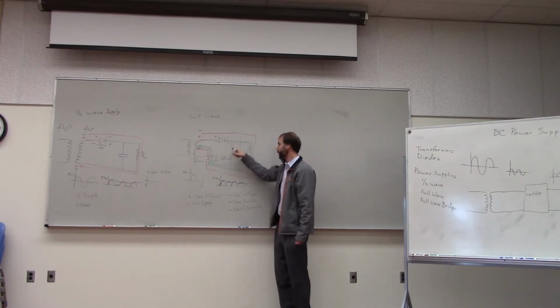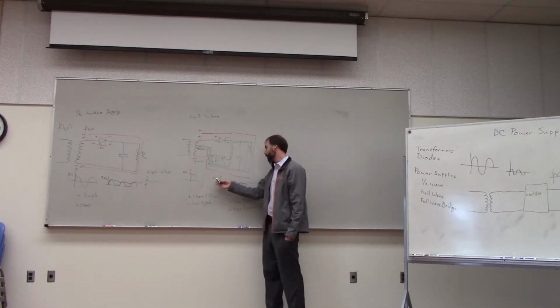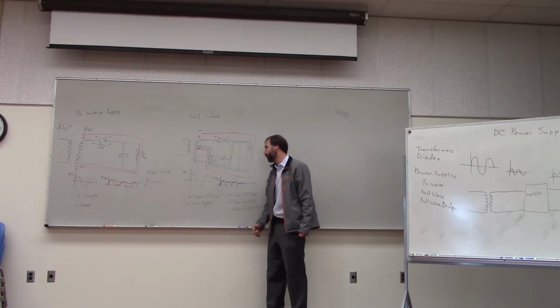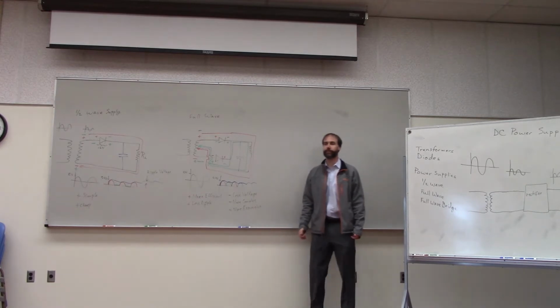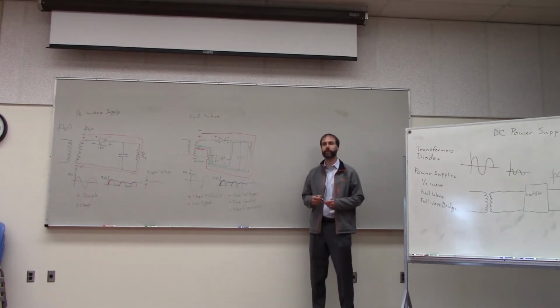And then we're losing the diode, so we get a peak voltage coming out of 4.4 rather than 9.4 over there. Okay?